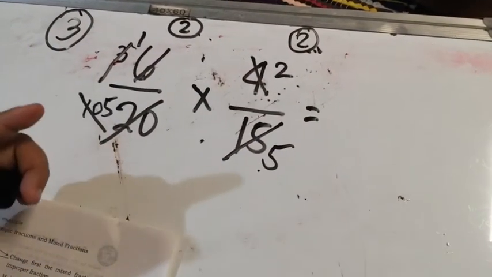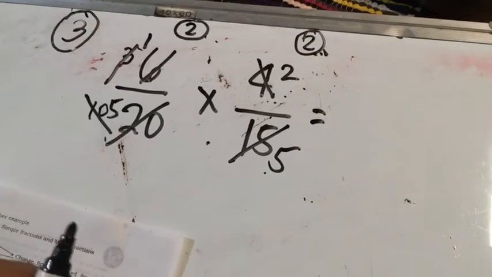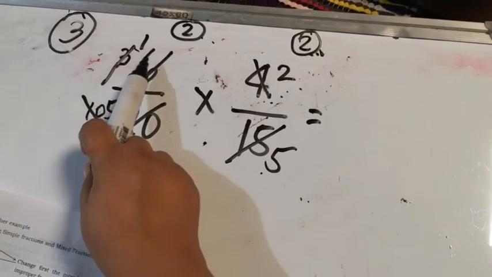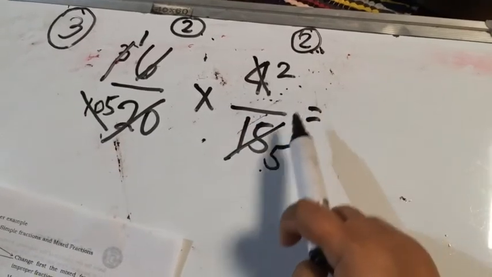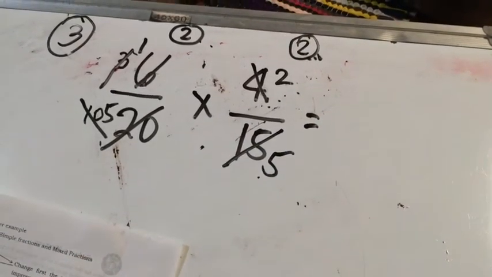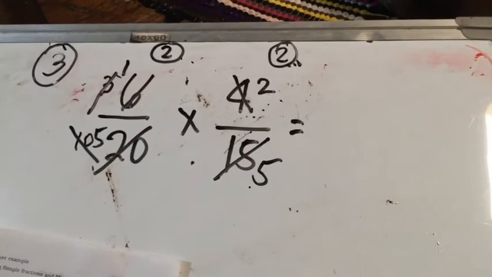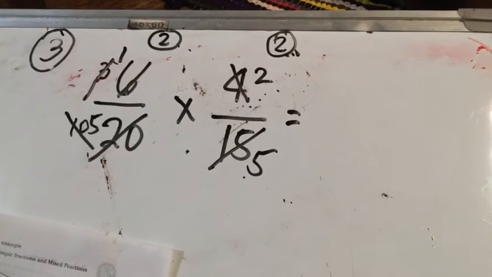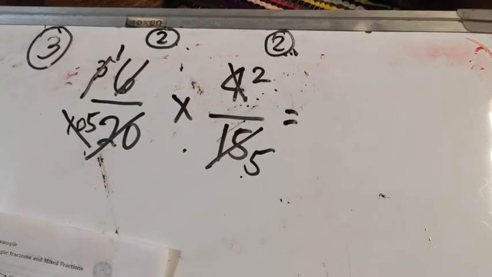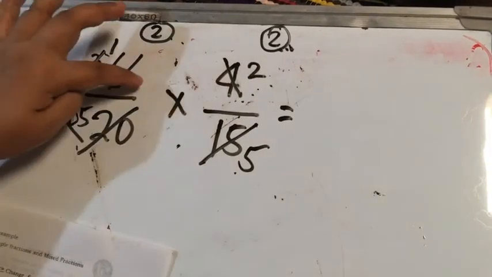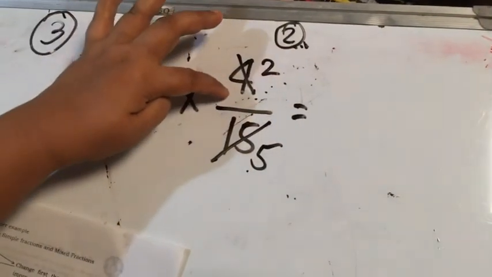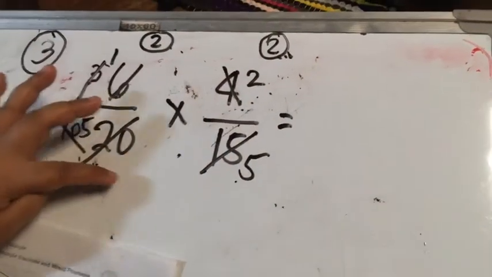Okay. Now, this time, we have the remaining numbers here, 1/5 and 2/5. I think they are already simplified. So, this time, you're going to move to the next step, which is multiplication, numerator by numerator, denominator by denominator.